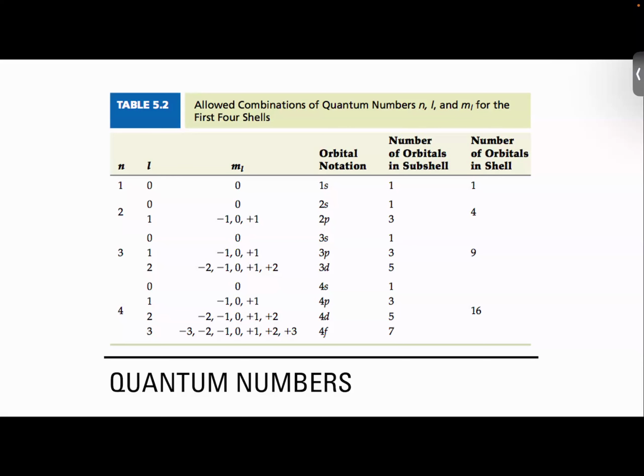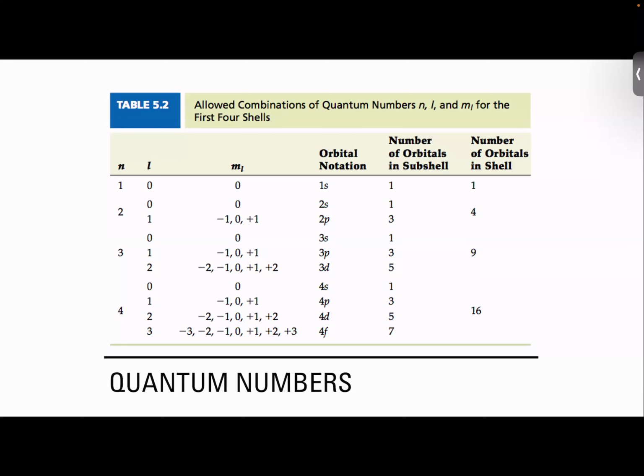But we're not there yet. What I do want you to know is that when you're in the first shell, the only orbital that is available is an S. When you're in the second shell, you have S and P available. That doesn't mean they fill. That means they're available.